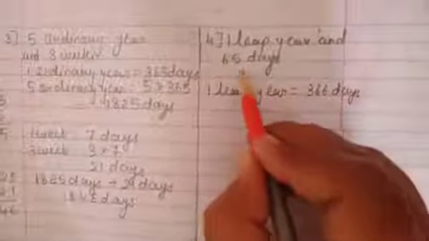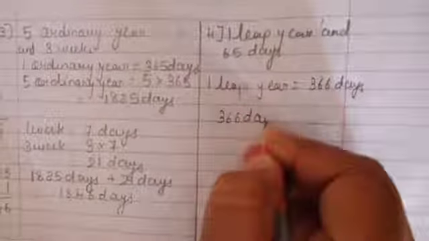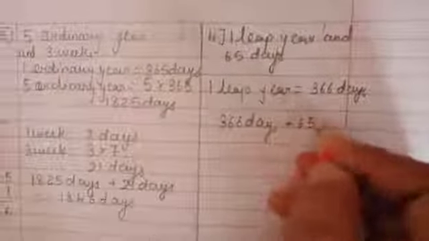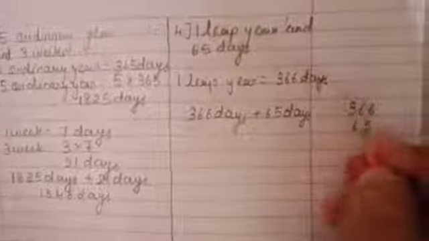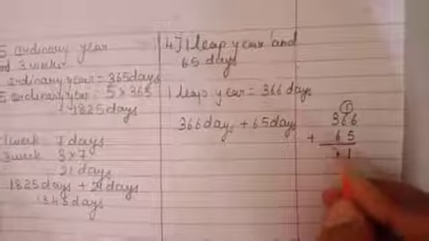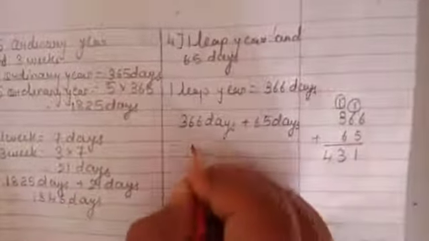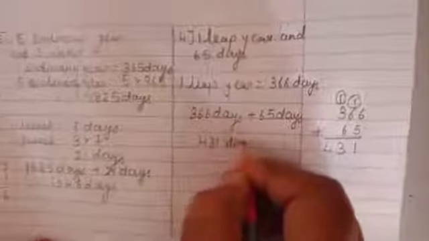In the question there are 65 days, so we have to add: 366 days plus 65 days. 6 plus 5, 11, so 1 we will carry. 6 plus 1, 7, 7 plus 6, 13, so 3 we will write, 1 will be carried over, so 1 plus 3, 4. So how many days? 431 days.